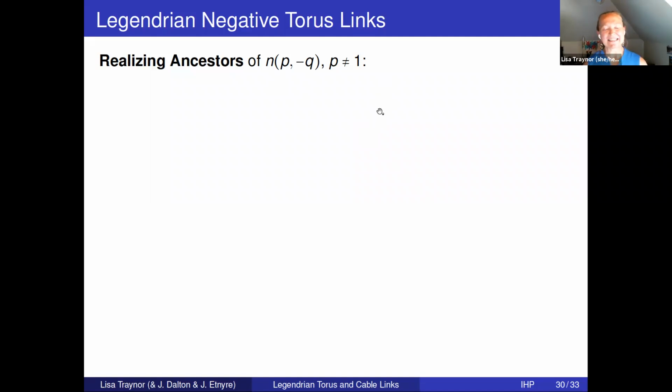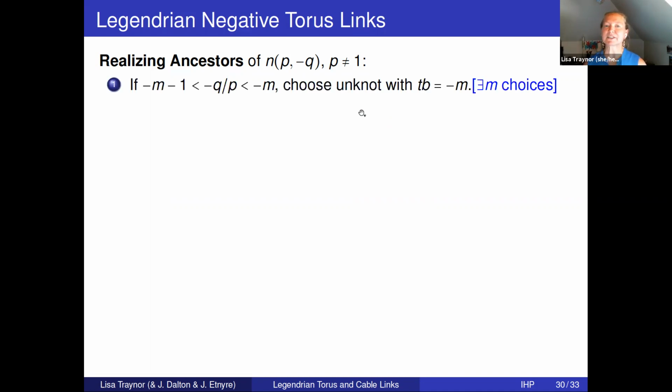So if I wanted to realize a negative torus link, years ago, I'd think of a front projection, but this is sort of the convex surface way of thinking of negative torus links or torus knots. So say I want to realize the ancestors of the negative torus link. Say P is not 1. Remember the ancestors, there were these multiple peak mountain ranges, and you would choose the top vertex a number of times. That was one of your ancestors, n times.